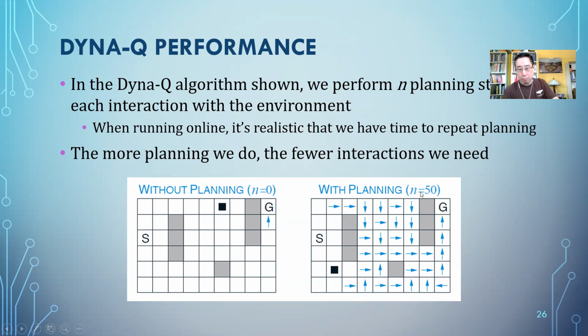With 50 iterations of planning, you might in just 2 or 3 episodes have estimates for all of the different states here. That's what we mean when we say it's more sample efficient. It's much, much faster, and that's really the value of adding planning to learning. We're not getting rid of learning or substituting it, but we are using the two as complementary processes.